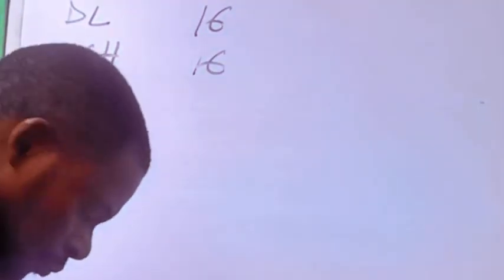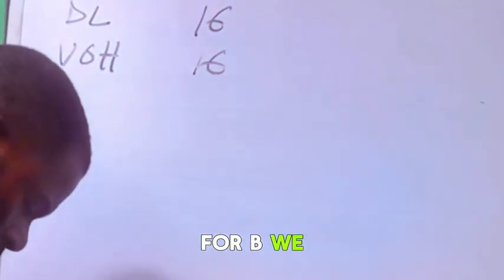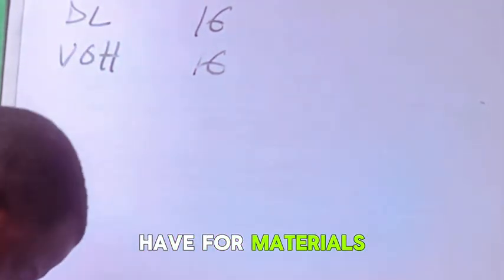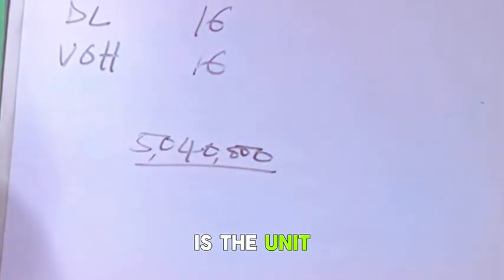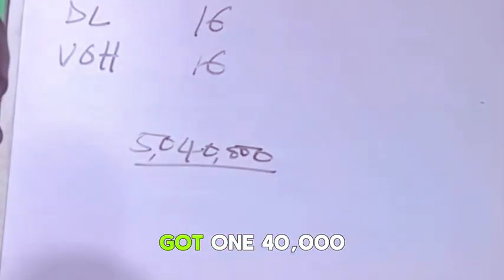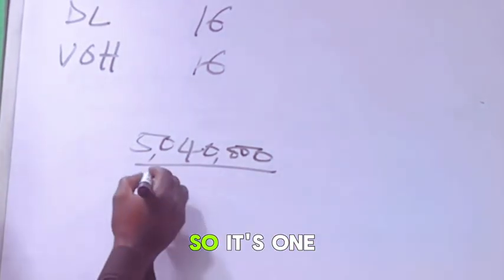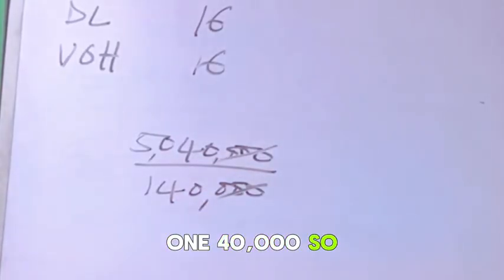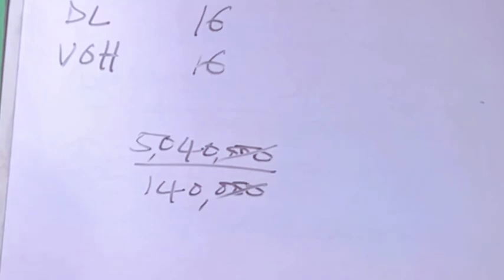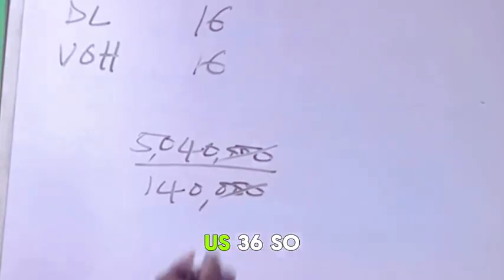Let's go to B. For B, for materials, we have 5040. Divided by, what is the unit produced? For B, we got 140,000. Okay? So we have 5040 divided by 140. That will give us 36.